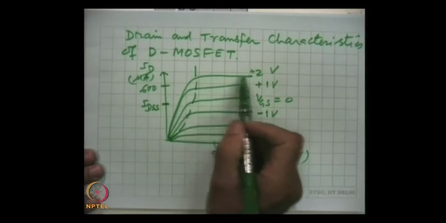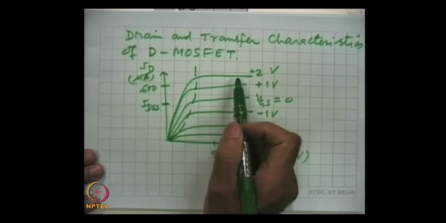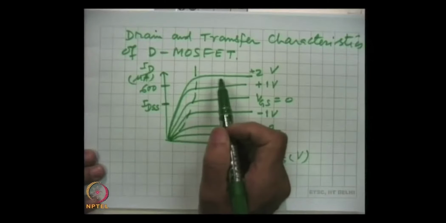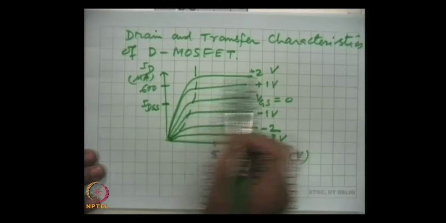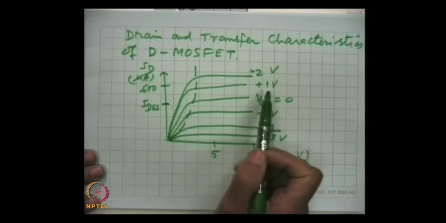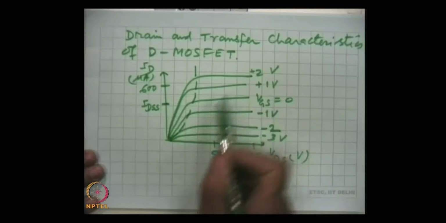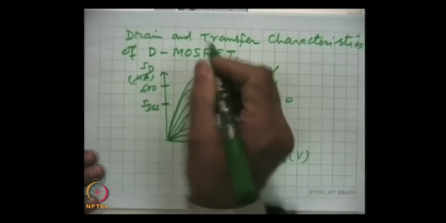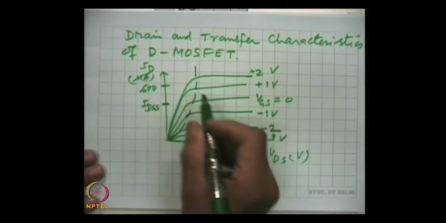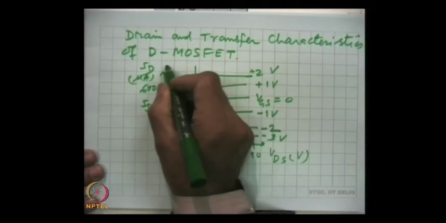Here this independence is not as high as in the case of the junction field effect transistor, where these curves were very horizontal. Here there is a slight angle, as I have tried to draw, and this is the boundary, and this is called the ohmic region.